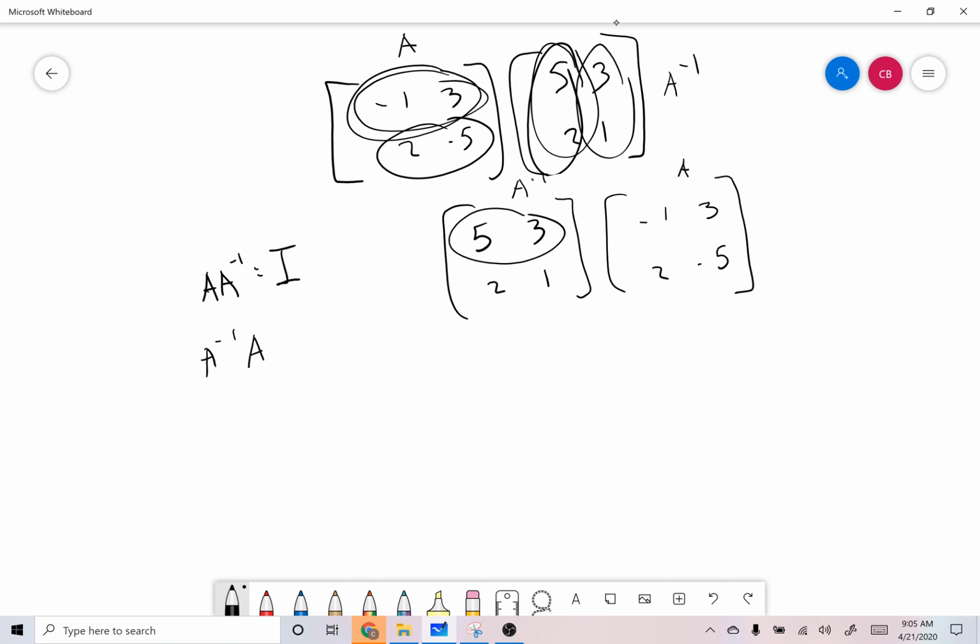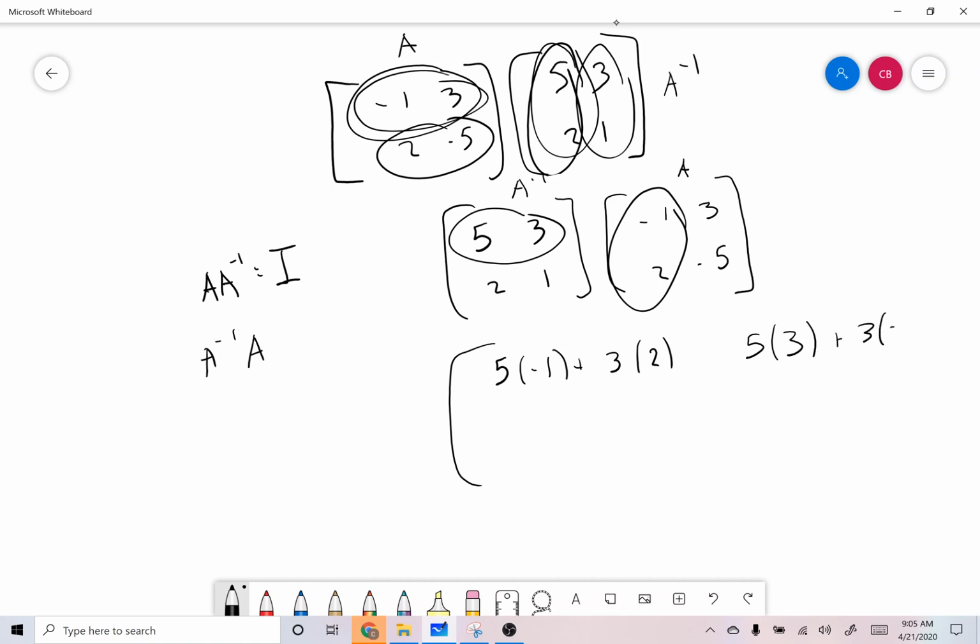So here we go. This row, this column. So this is going to be 5, -1, and plus 3 and 2. Top corner. Okay, then the next row is going to be 5 times 3 plus 3 times -5.